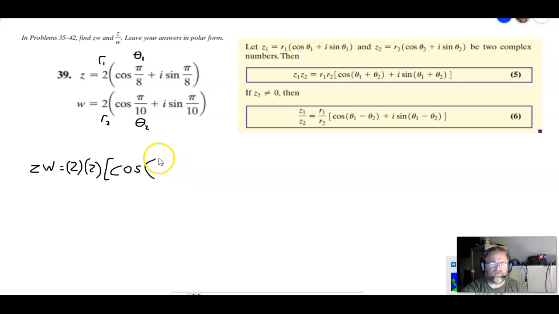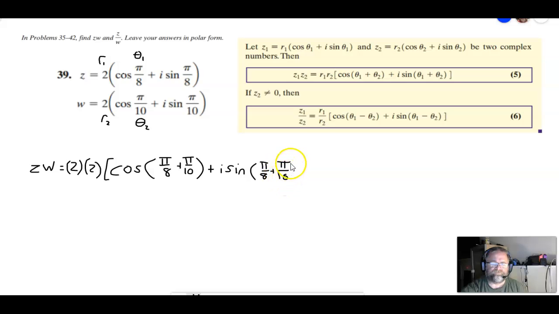So that's going to be pi over 8 plus pi over 10, plus I sine of the same thing, pi over 8 plus pi over 10.